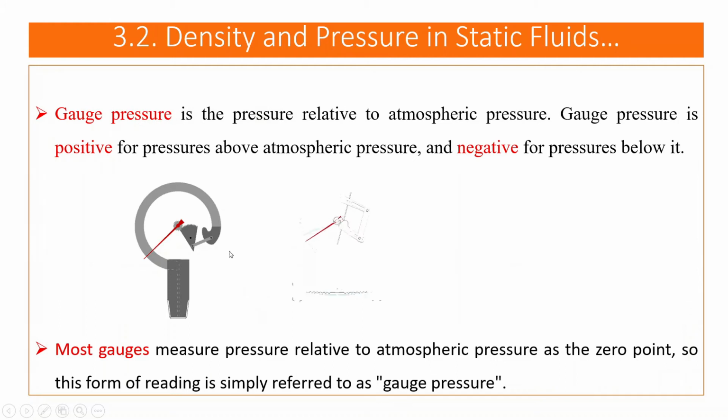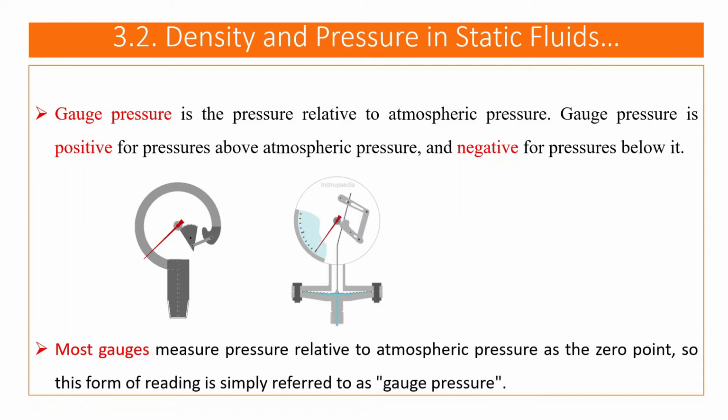Okay, the other thing regarding the gauge pressure is that we have a positive and a negative sign. As we have seen in the formula, the gauge pressure is the pressure of the system minus the atmospheric pressure. The gauge pressure is positive when the pressure of the system is higher than the atmospheric pressure, and the gauge pressure becomes negative when the pressure of the system is lower than the atmospheric pressure.